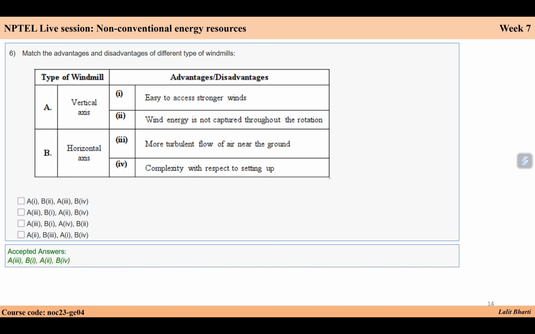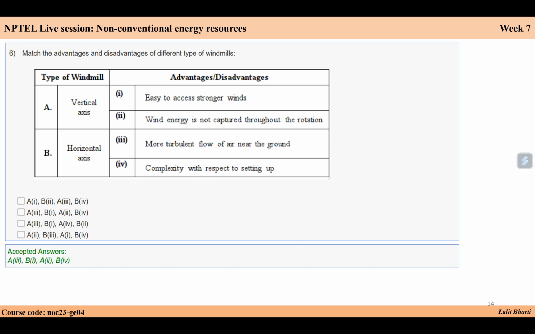This question says match the advantages and disadvantages of different types of windmills. So we have vertical and horizontal, and we have to see the advantages and disadvantages. So in the vertical axis, the options are: easy to access stronger winds, and wind energy is not captured throughout the rotation.